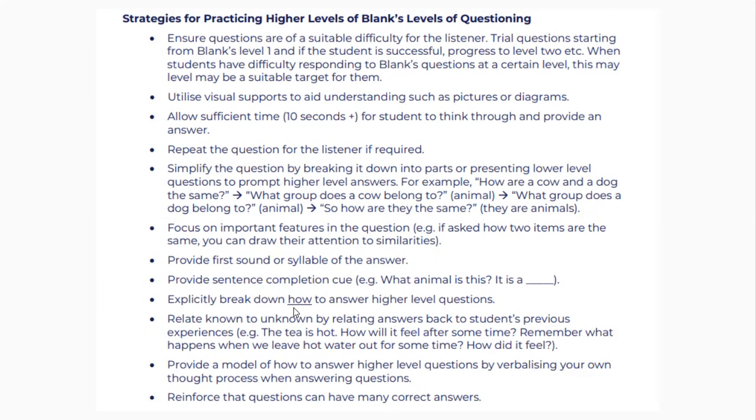Explicitly breaking down how to answer higher level questions. Again, providing them with some templates, putting them on posters on the wall or having them printed out can be a really good place to start. And then reinforce questions that may have many correct answers.